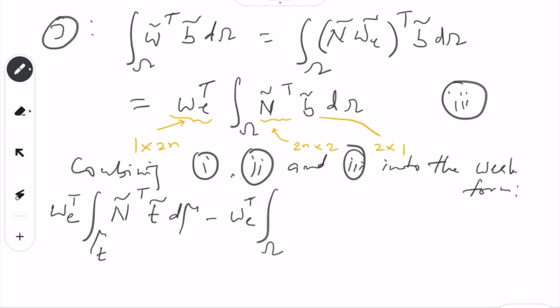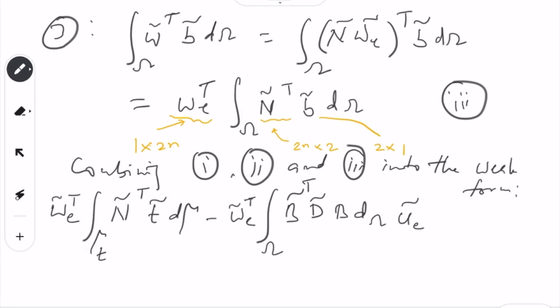then minus W e transpose, integral over omega, then we have B tilde transpose D B d omega, then u e tilde. So, this is also tilde.